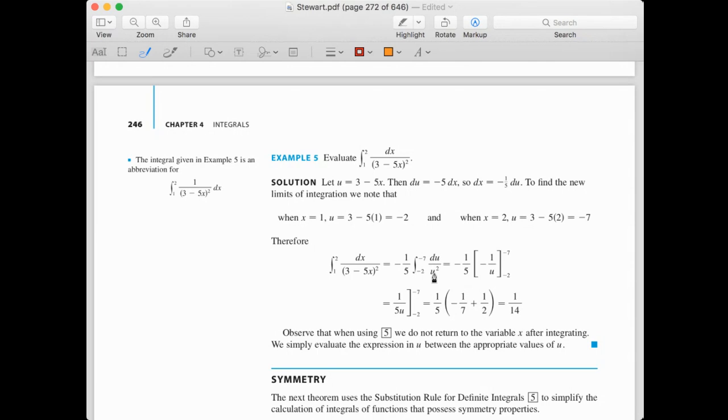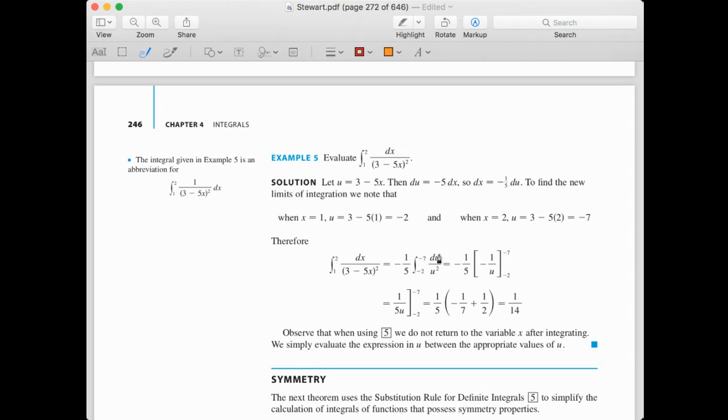So one way we could change the limit, or we don't have to change the limit, right? So we anti-differentiate 1 over u squared, we get negative 1 over u. We can substitute this u back, because u is 3 minus 5x. We just write it as negative 1 over 3 minus 5x. Then we can still evaluate at 1 and at 2, then subtract them.